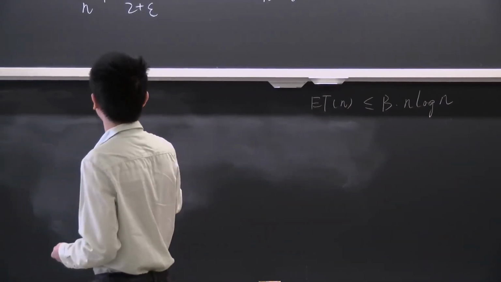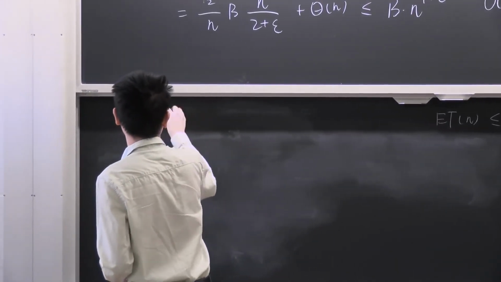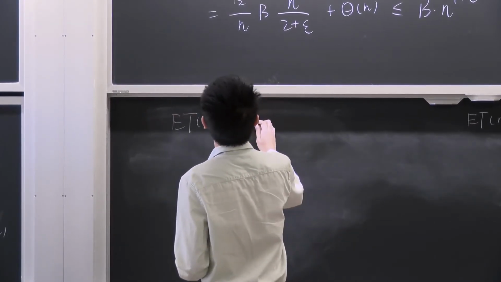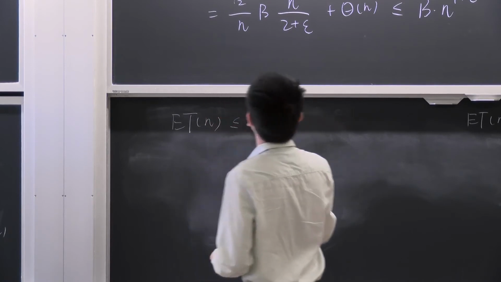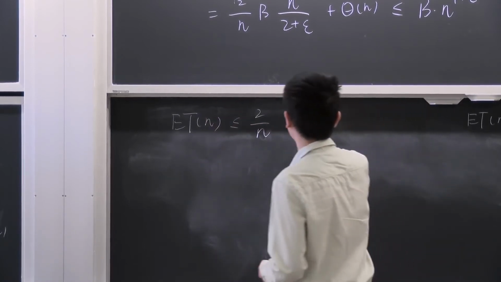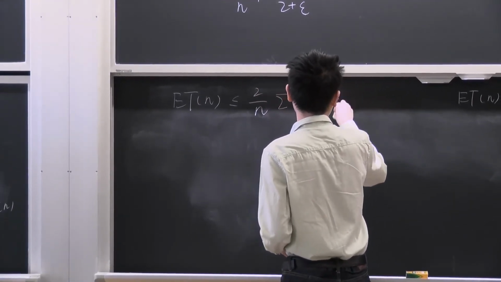Now, if we guess it's n log n, then I have a little harder equation here, because it's now j log j.